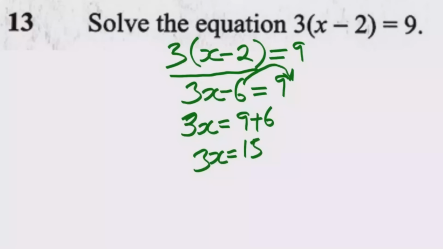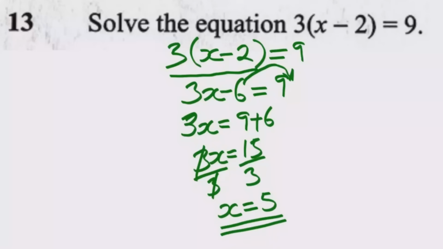Then we want to find the value of x, so we will divide both sides by 3. The 3 down and the 3 on top will cancel each other out, leaving us with x, which is equal to 3 into 15 will go 5 times, and that is the value of x.